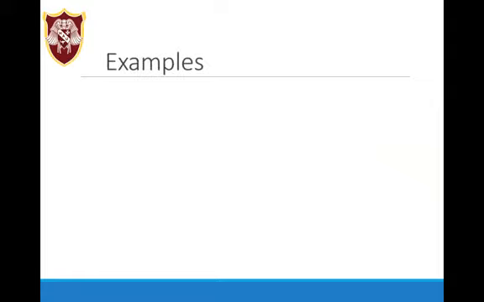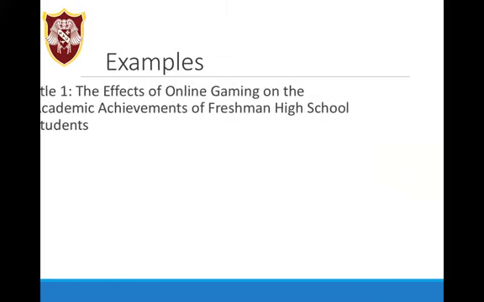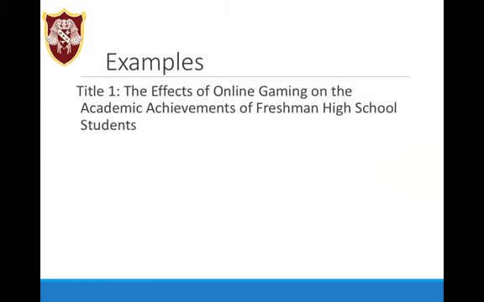Okay, let us have examples on formulating the null and alternative hypothesis. Let's say the title of a study is The Effects of Online Gaming on the Academic Achievements of Freshman High School Students. What could be the possible null hypothesis given this title?